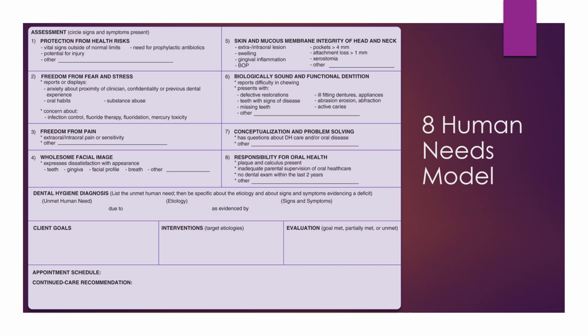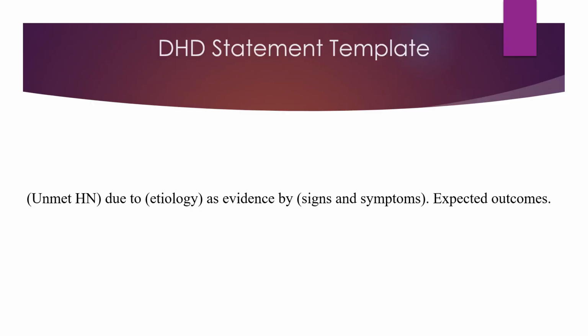Another goal would be that the patient would be able to verbalize back to me that they understand, and they would demonstrate the technique of proper brushing that I have just showed them. And then the evaluation part of it would be when I see them in 6 months, I would talk to them about it to see how they're doing with their technique. So this chart kind of guides you through that process.